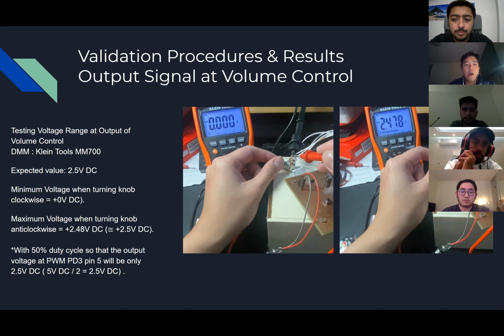And when I turn the knob anti-clockwise, I hit 2.478 voltage DC, which is very close to the 2.5 voltage DC we expect. With a 50% duty cycle, the output voltage at the PWM PD3 pin number 5 will be only 2.5 voltage DC. The test is good because it's close to the expected value, so we passed the test.